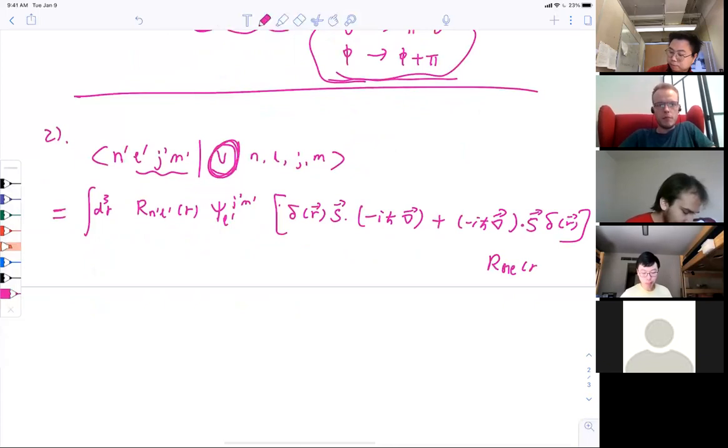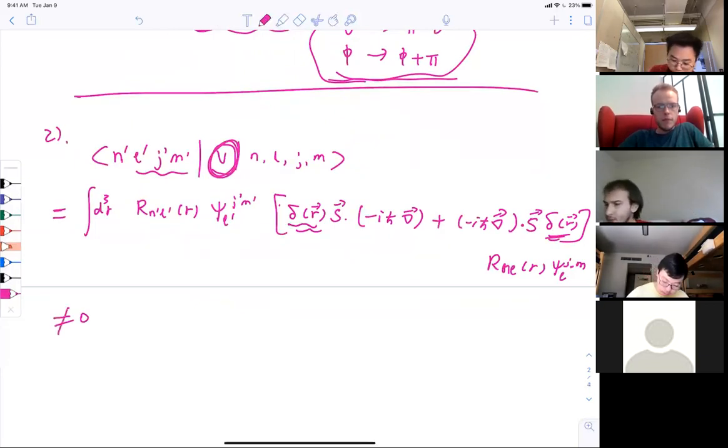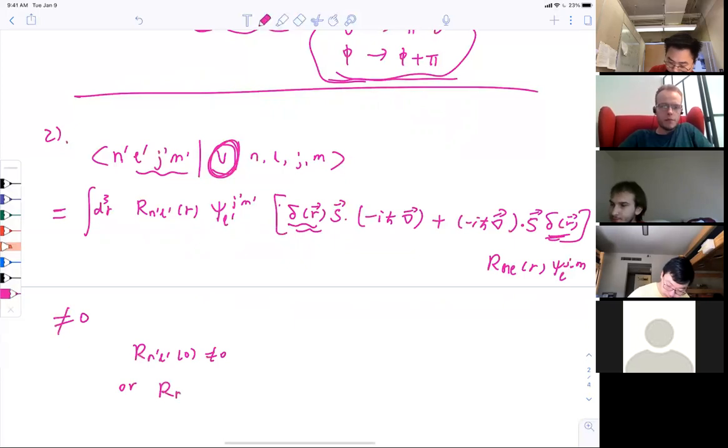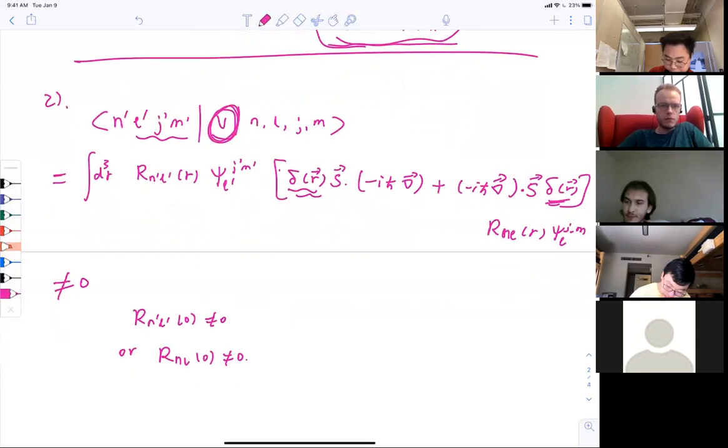Something like this. So you can say because there's a delta function, to make sure this guy is non-zero, we require this guy is non-zero or this guy is non-zero, right?